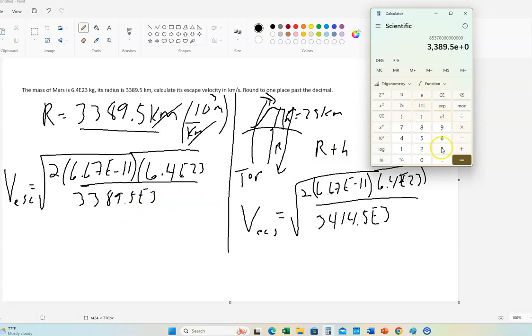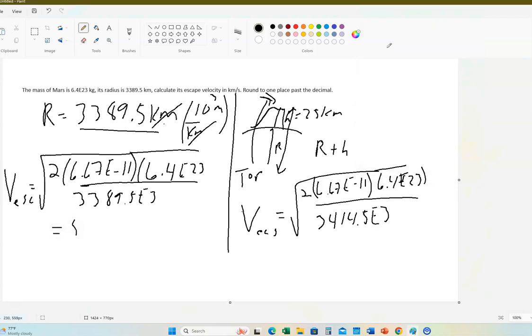So this is what's underneath the square root. So then I take the square root of that. All right, and so that's the escape velocity from the surface of Mars. So if I divide that by 1,000, it's just 5 kilometers per second.